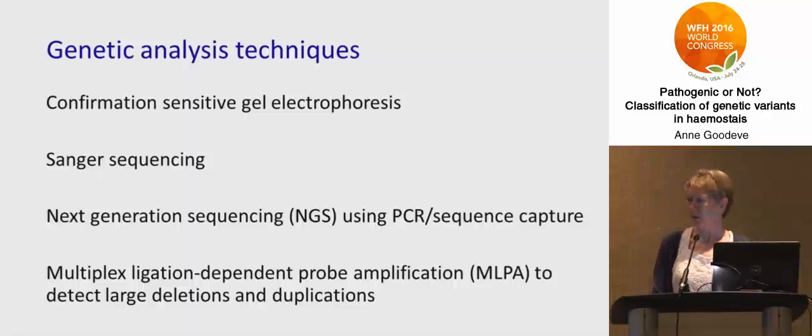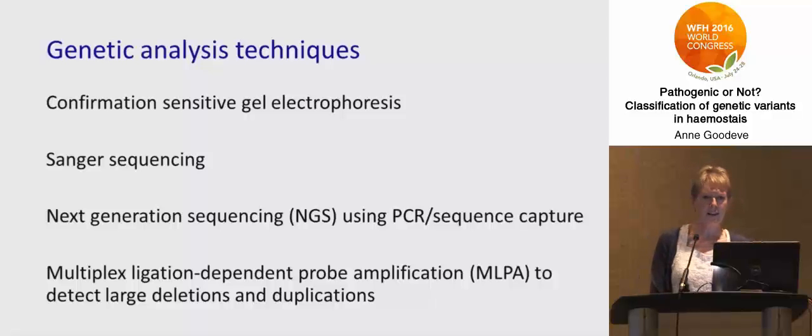So I've put on a few of the genetic analysis techniques that could be used for looking at these variants. Conformation-sensitive gel electrophoresis is one of the techniques that has been used to seek variations in a fairly cost-effective manner prior to Sanger sequencing to identify a specific variant.